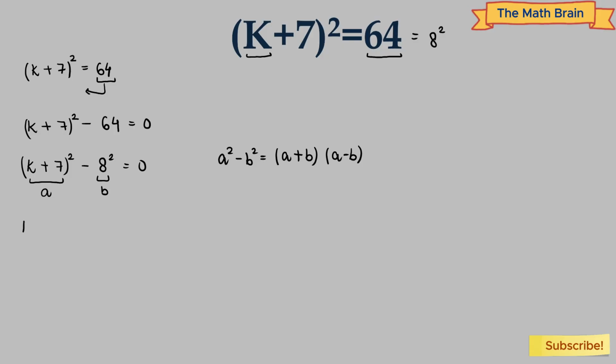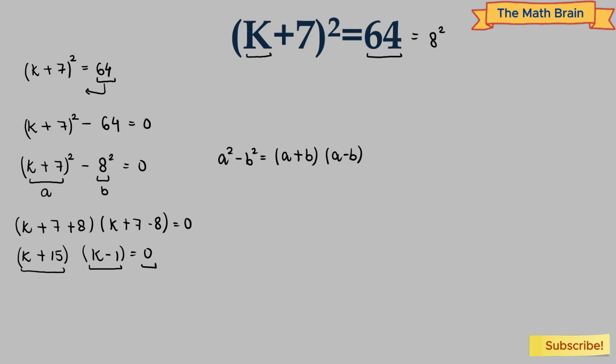Using this formula, we will get (k + 7 + 8)(k + 7 − 8) = 0. From here, we'll get (k + 15)(k − 1) = 0. And if we equate both of these terms with the right hand side, we are left with k + 15 = 0 and k − 1 = 0.